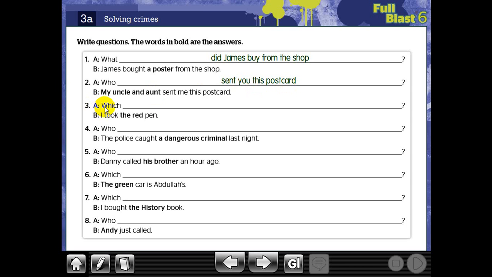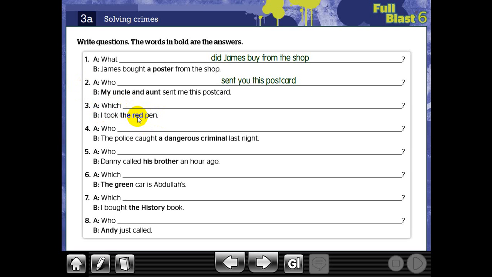Number 3. Which? I took the red pen. Here which expresses choice. So which pen did you like to take? The red or the blue? Yes, you choose the red. So I ask with which. I should put the word pen after which. Which pen?